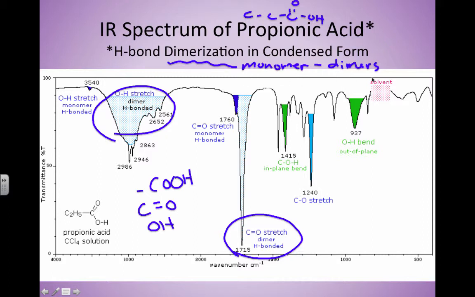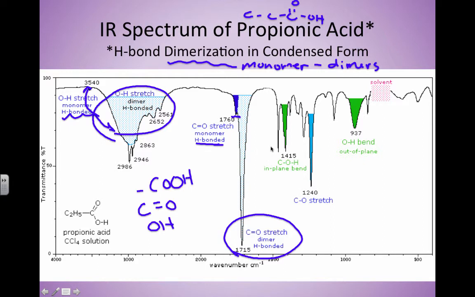So the monomers join together into groups of 2 called dimers, and what that does in our spectrum is that it changes the frequency or the amount of energy of the stretch. So here's what we would normally see for the monomer, and here's what we see for the dimer of the CO stretch. So it's shifted a little bit to have some more energy than normal, but it also intensifies the peak when you have a dimer versus a monomer.